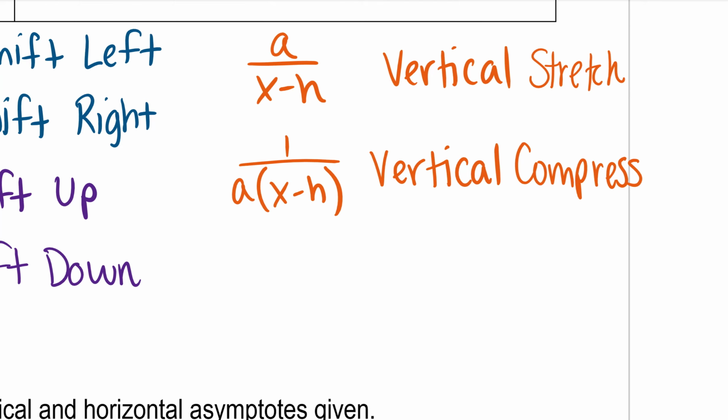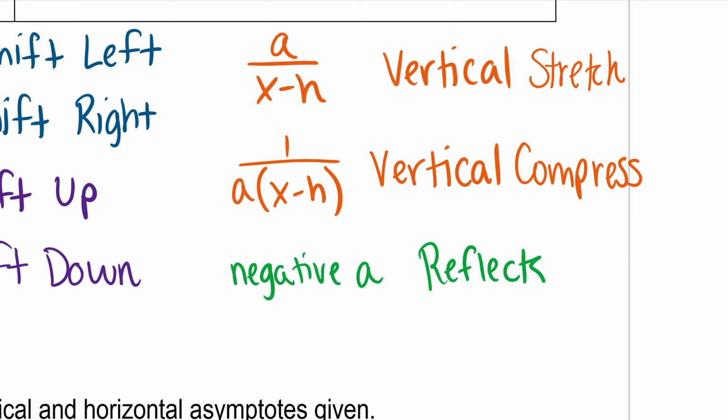And then of course the last one, if a is negative, whether it's in the top or bottom, it doesn't matter. So negative a reflects over the x-axis. So if my a is negative, either on the top or on the bottom, it doesn't matter. I could have a negative up here.